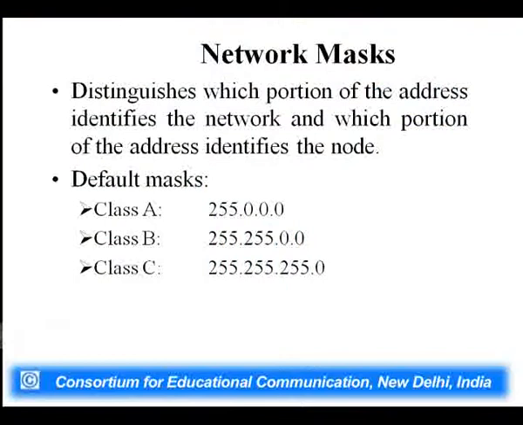Now, when I do this, the question comes, how does a router send a packet to the right host? That is important. So, distinguishing which portion of the address identifies the network and which portion of the address identifies the node.